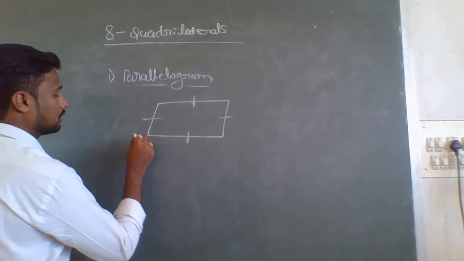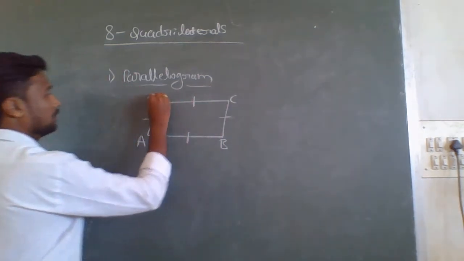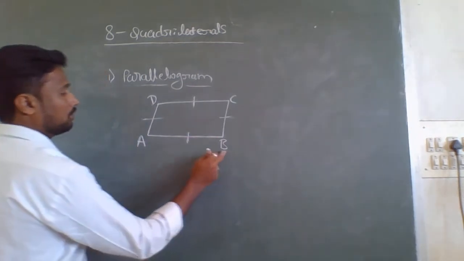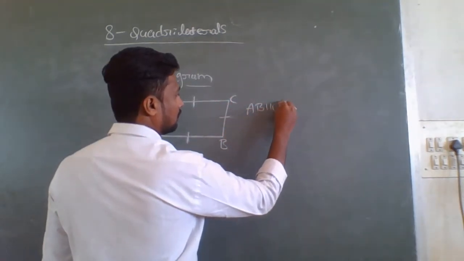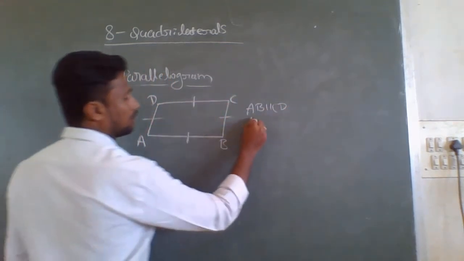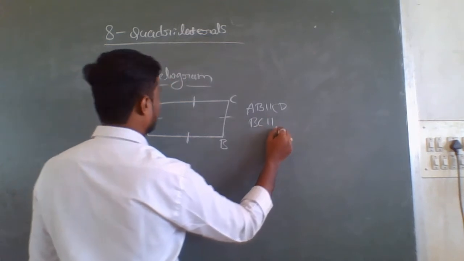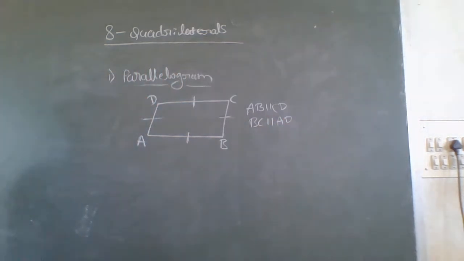Suppose, for example, consider this is the parallelogram ABCD. Here AB should be parallel to CD and BC should be parallel to AD. So here opposite sides are parallel.